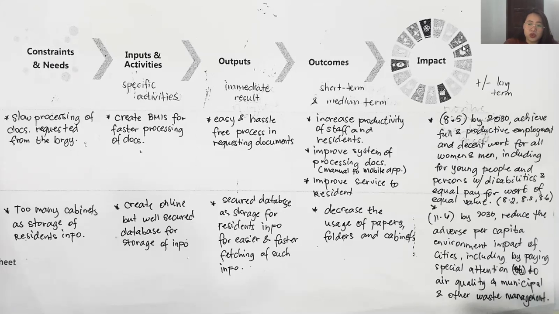So let's just go through the first example. Their first problem was slow processing of documents requested from the barangay. As you can see, it is specific, but not specific enough. Okay, so we discussed this during the session, so there will be no corrections written here.